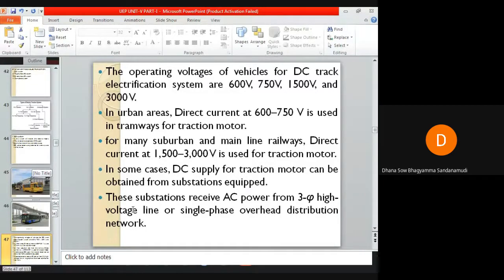These substations receive AC power from the three-phase high voltage line or single-phase overhead distribution network, which you already know.